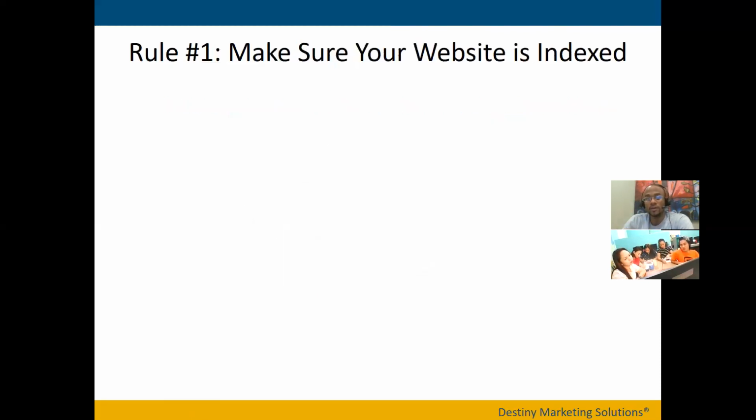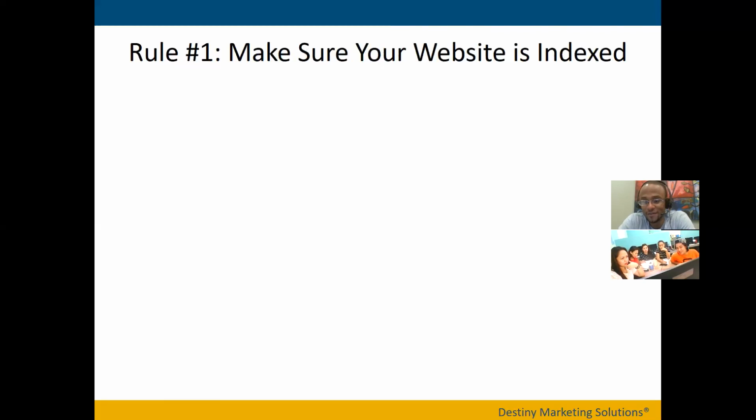So rule number one for SEO, and really I would say rule number one for having a website, you need to make sure your website is indexed. So Jarek, again, what do I mean when I say your website is indexed? You have to put a like tag. Not quite.